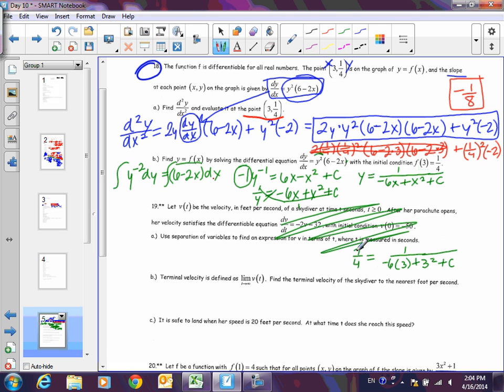So the whole 1 over, you can ignore that. Although cross multiply would have worked as well. But I want you to go ahead and do what you need to do to find C. And this is a no calculator problem.